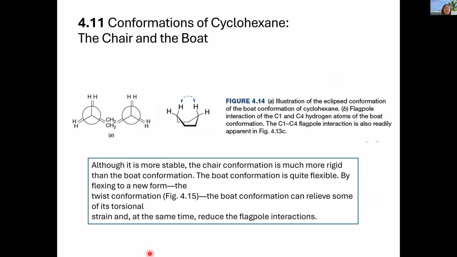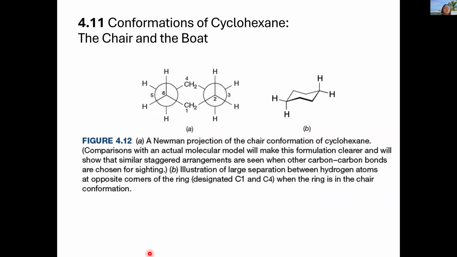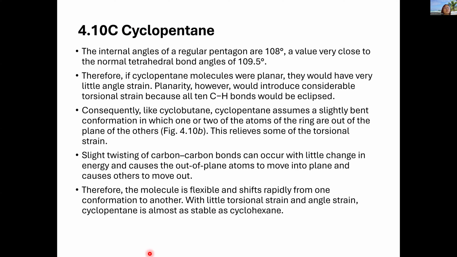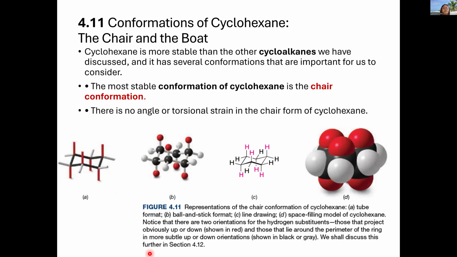So how do we view that with the Newman projection? You can have this different way of viewing. Your hydrogens or other atoms are labeled as up, down, by the equatorial or axial position. Again, your chair conformation of cyclohexane has no angle strain and no torsional strain.